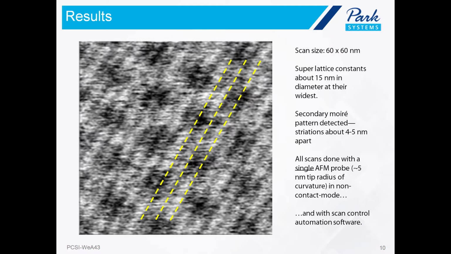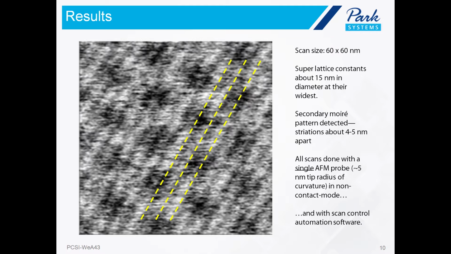Another thing that I wanted to point out that I mentioned earlier was that while the initial scans of this sample were done with an operator controlling the AFM manually, optimizing the parameters using their own personal experience, we were able to replicate these same results with our AFM running with autonomous control, with the software controlling the AFM.